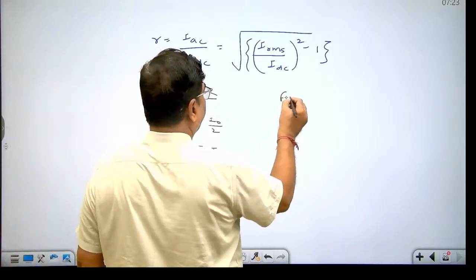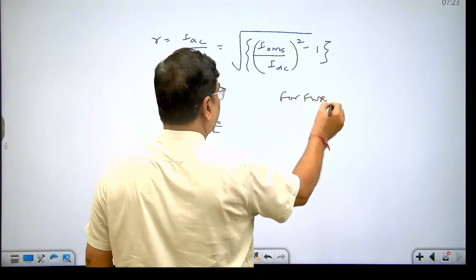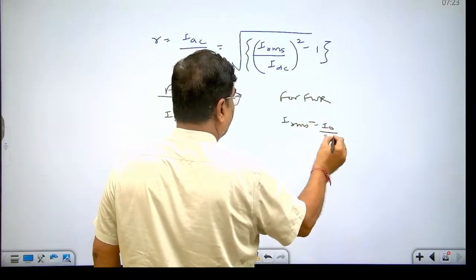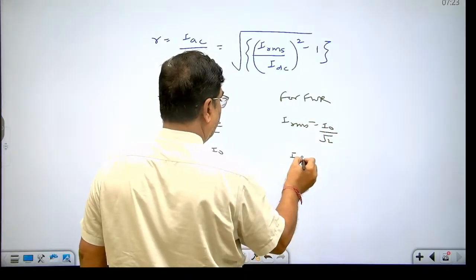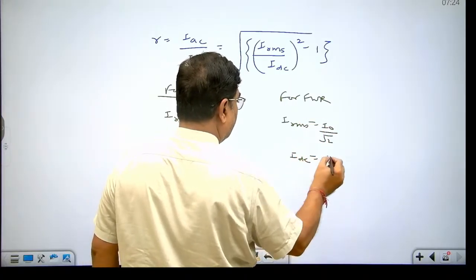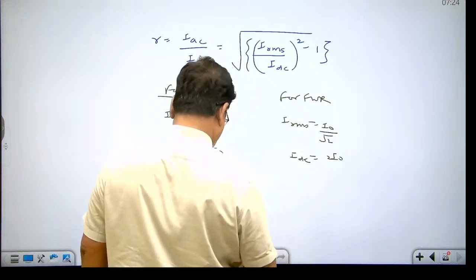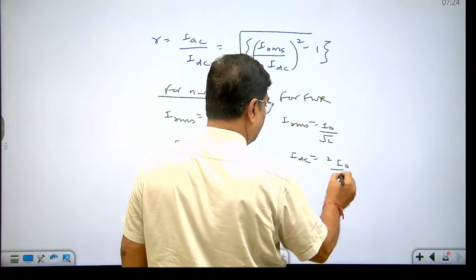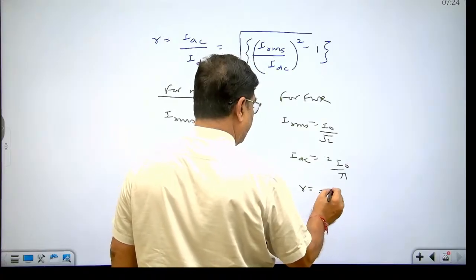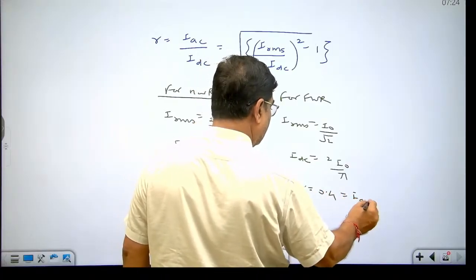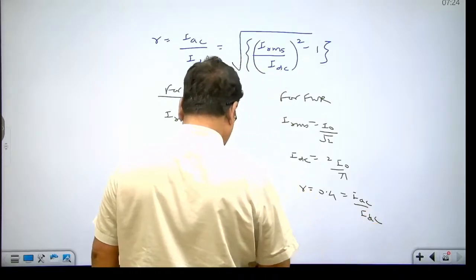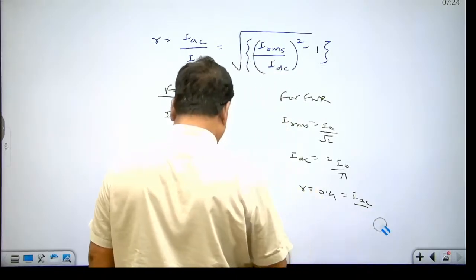For full wave rectifier, IRMS equal to I0 upon root 2 and IDC equal to 2I0 upon pi. Here ripple factor is 0.4. So dear student, AC is present in both the type of rectifier.